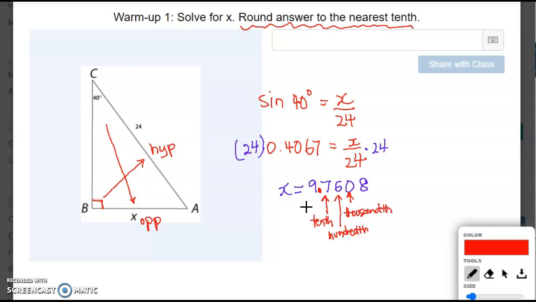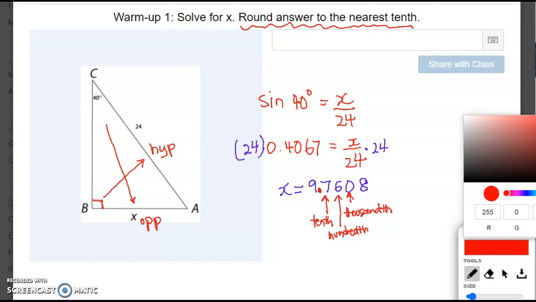Okay, so that means we want to cut it off at the tenth. That means we want to cut off after the first decimal place. We want to cut it off somewhere here. In order to do that, we don't just cut it off right here. Before we cut it off, we need to look at the next digit.